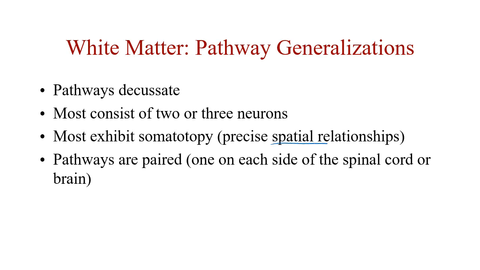So we have spatial relationships as well. And so is it coming from the arm, from the leg? Is it coming from the lateral side, the medial side, things like that for all of that information.